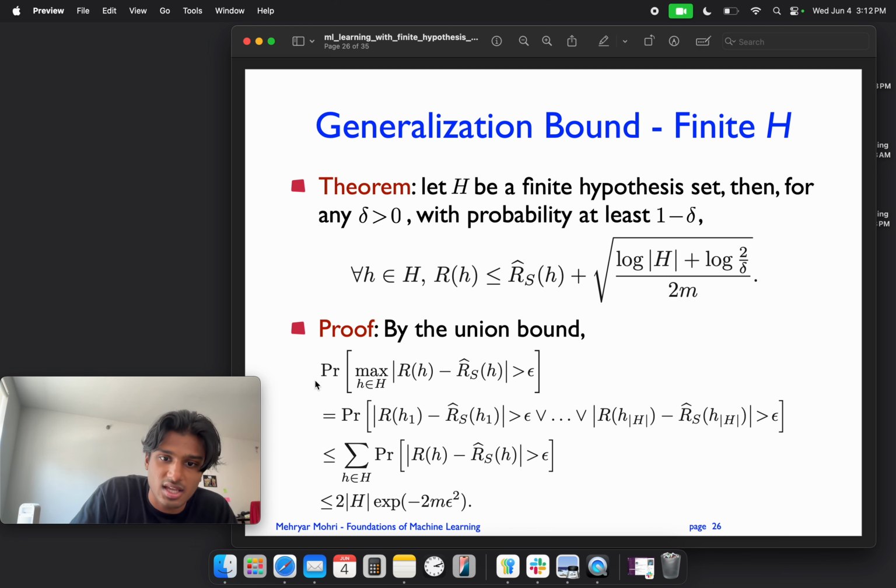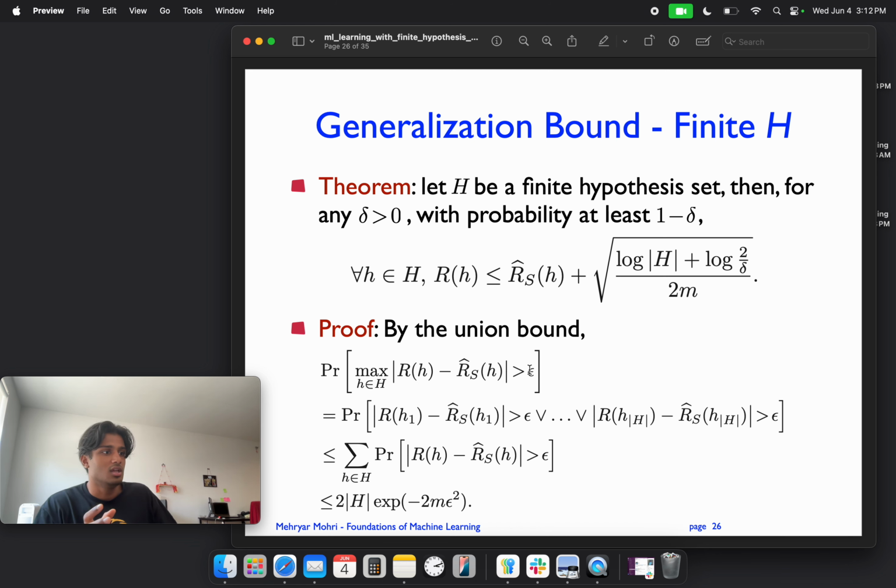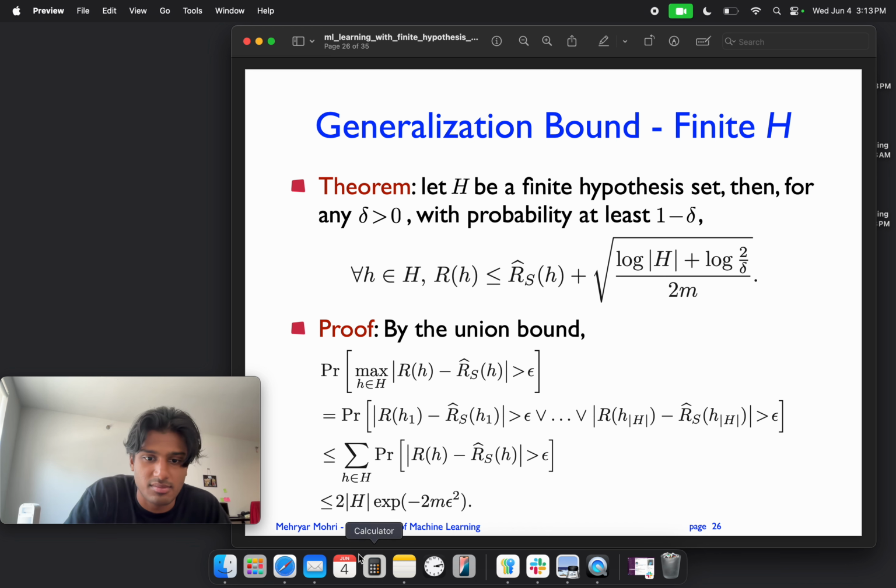What we will see is that if we can bound the probability that the worst deviation is greater than epsilon, by some number delta, then the probability that the worst hypothesis has deviation less than epsilon is greater than 1 minus delta, right?